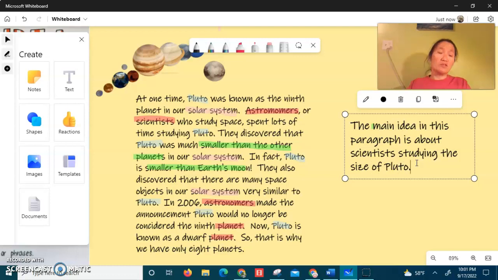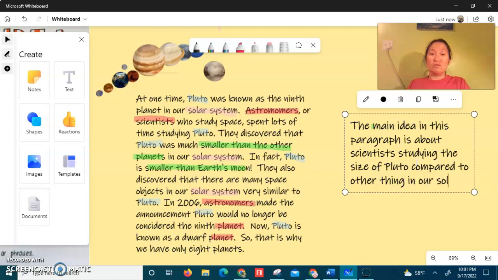It's just about they're studying the size of Pluto, mainly, compared to other things in our solar system.